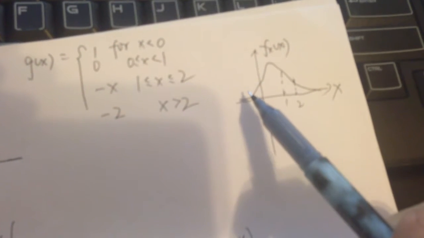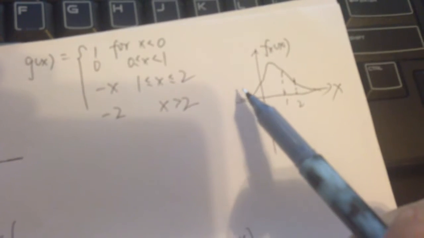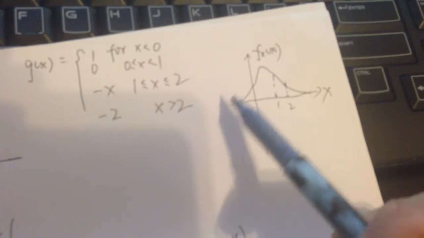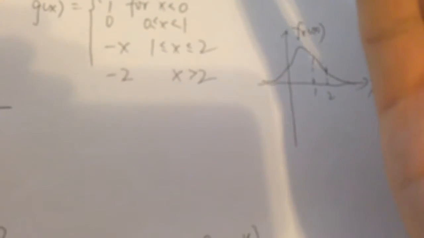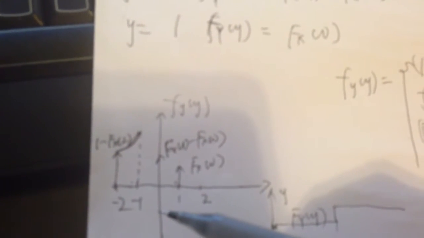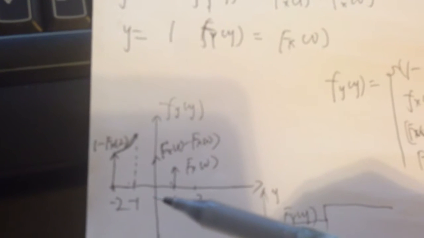But here, we need to substitute x with minus y. That's to say, we need to substitute y with minus x. So we need to put this graph like this. So here we need to draw it like this when y is between minus 2 and minus 1.